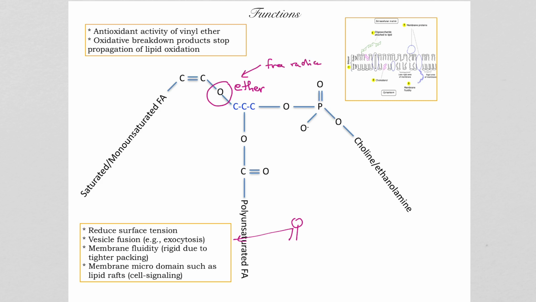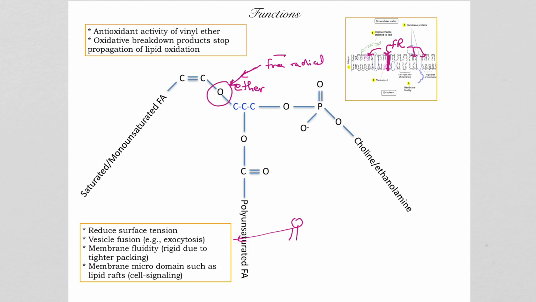So basically, the ether linkage in these plasmalogens, in case there are some free radicals around the membrane, they will attack these plasmalogens rather than attacking other lipids.